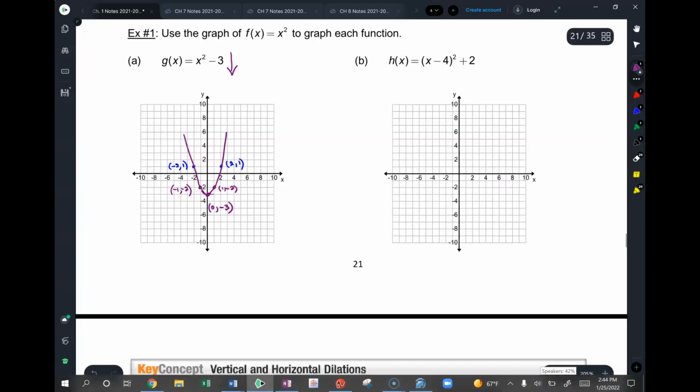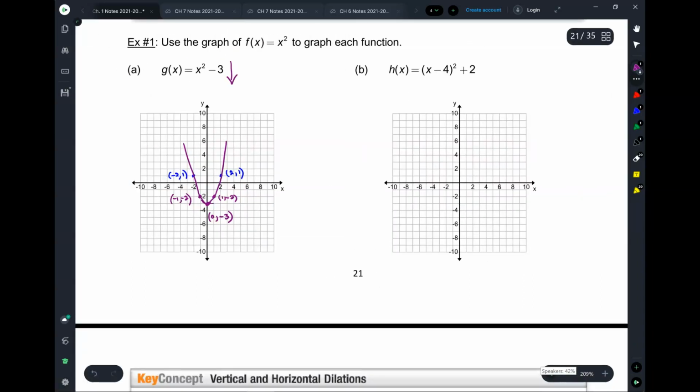Okay, so the next one has 2 transformations. The -4 moves it to the right 4 units, and this moves it up 2 units. So instead of (0, 0), we're going to be at (4, 2) here. Now, same thing, it's a parabola. So from the vertex, which is now at (4, 2), if I go over 1, I go up 1.